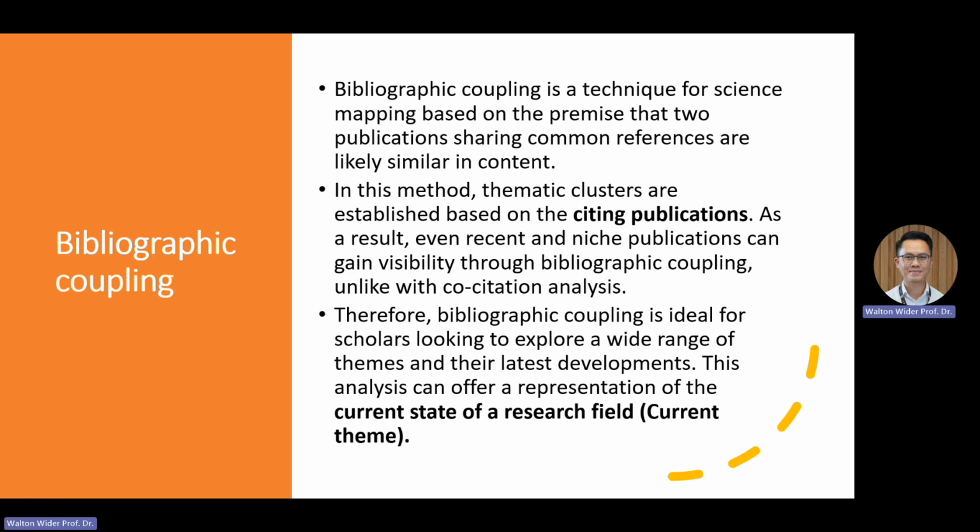So bibliographic coupling is very useful for scholars to understand what is happening in the current literature, including providing a snapshot of the current state of research, making it valuable for identifying current themes.